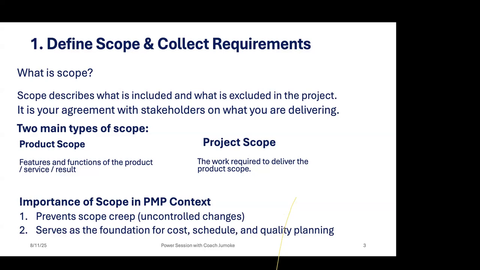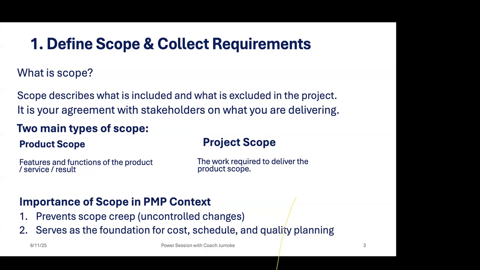If they accepted the change, then the corresponding documents, corresponding plans like scope management plan, risk management plan, if the change affects them, they will be updated. So that is change process. It's different from scope creep. From the word creep, it means it came in unawares.